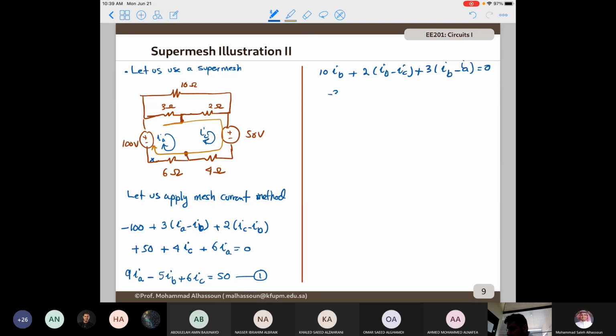If I simplify it, I will end up with minus 3 IA plus 15 IB minus 2 IC equals to 0.